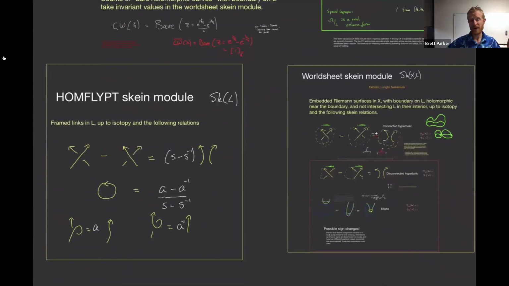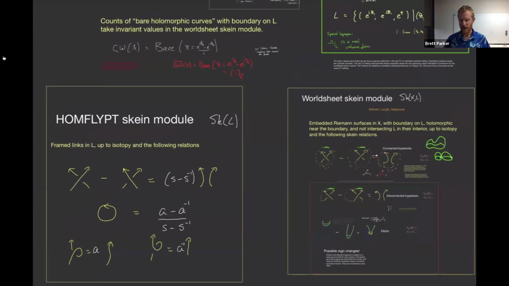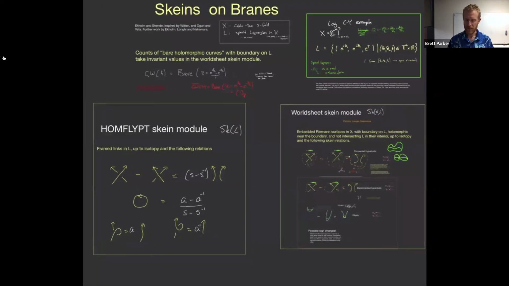It goes off to infinity, so I need to worry about whether the boundary of curves crosses it and stuff like that. What I feel is that saying the count of Bare curves takes invariant value in the worldsheet skein module is universally true, and then to get useful comparisons to something in the HOMFLY skein module, we need to choose this extra data to go over here. So I think the most natural thing is to go from your counts to the worldsheet skein module, and then choose your data to go over to here.